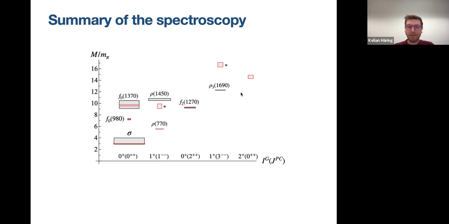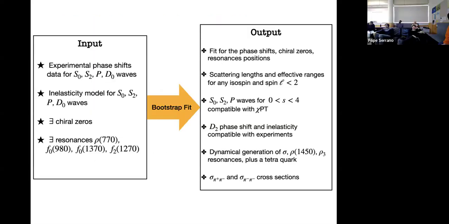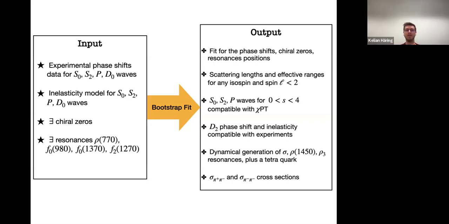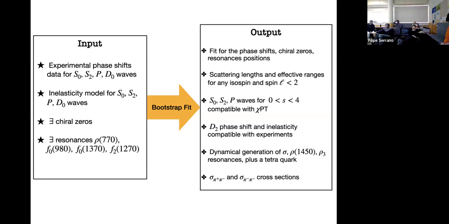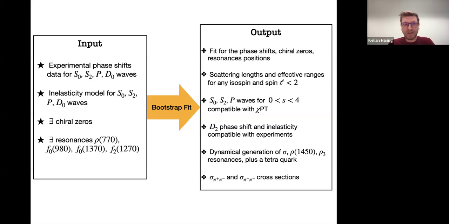And so, with that, I would like to summarize this Bootstrap fit procedure. What is the input? The input is experimental data in 3 different channels up to some energies.